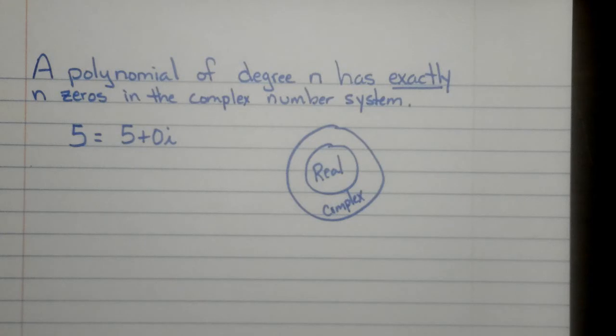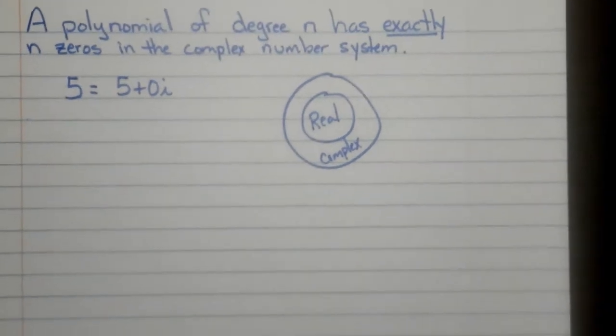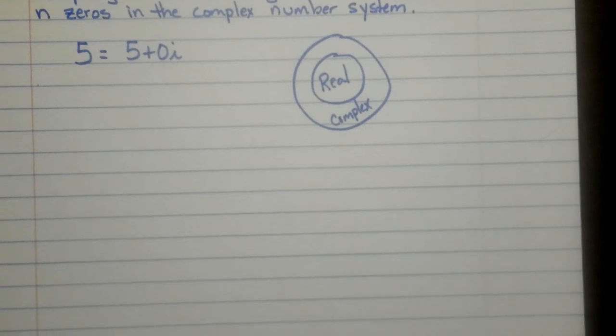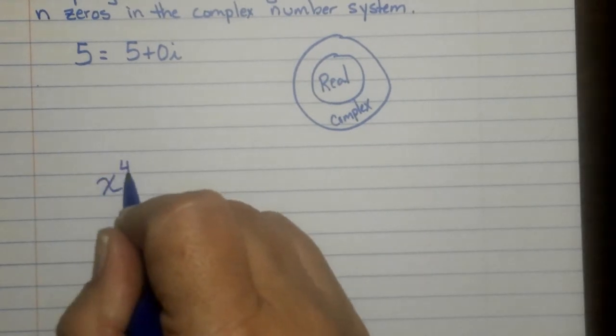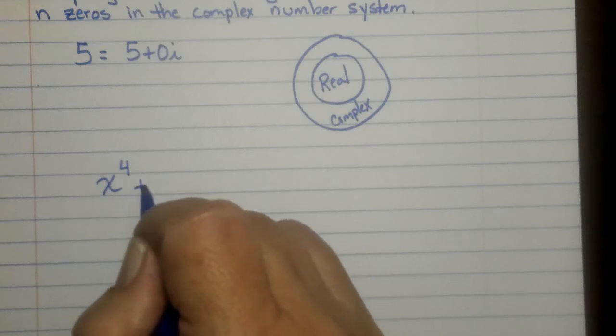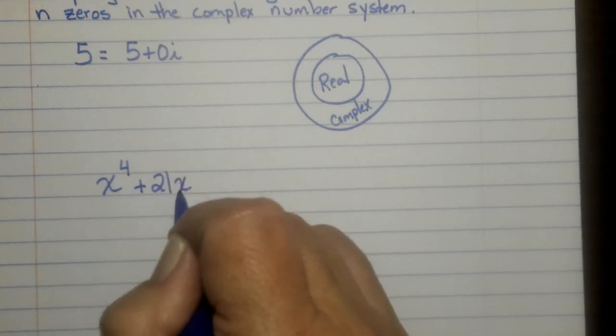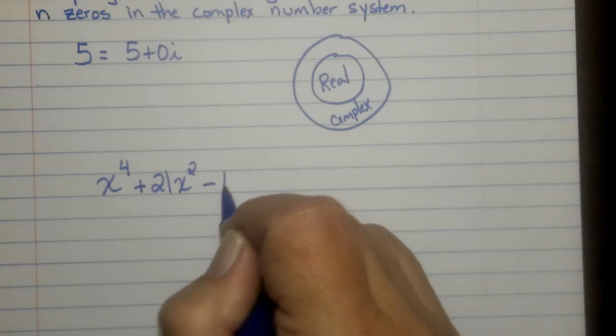All right, so let's take a look at a problem and how this information is put to use. So let's say I have the polynomial x to the 4th plus 21x squared minus 100.